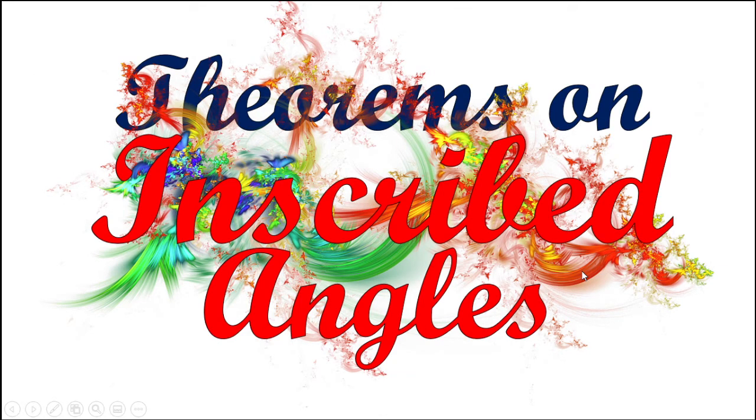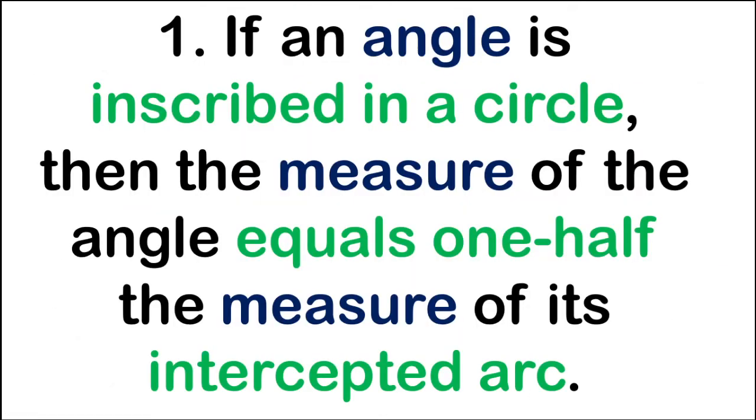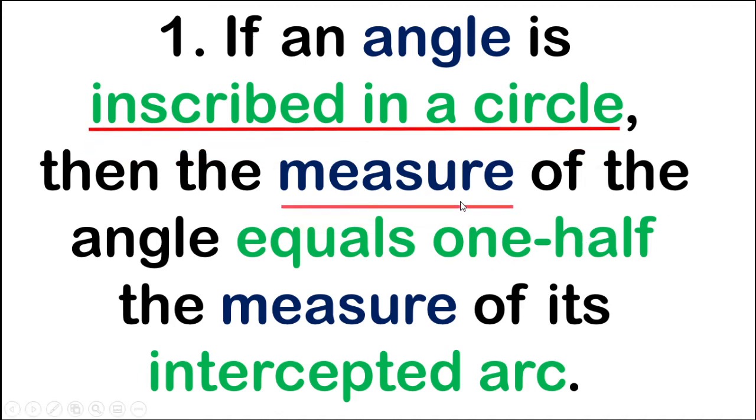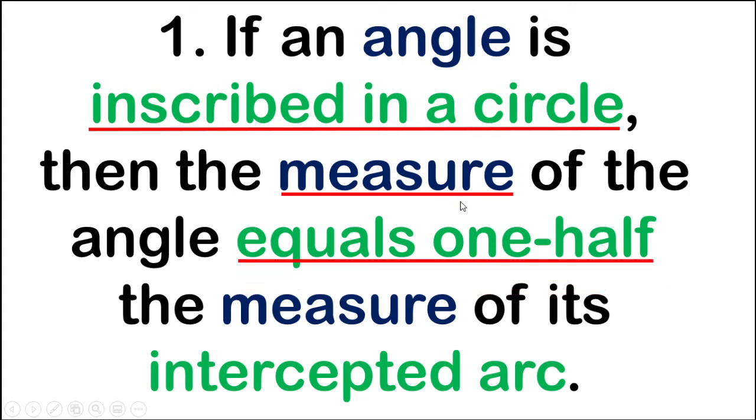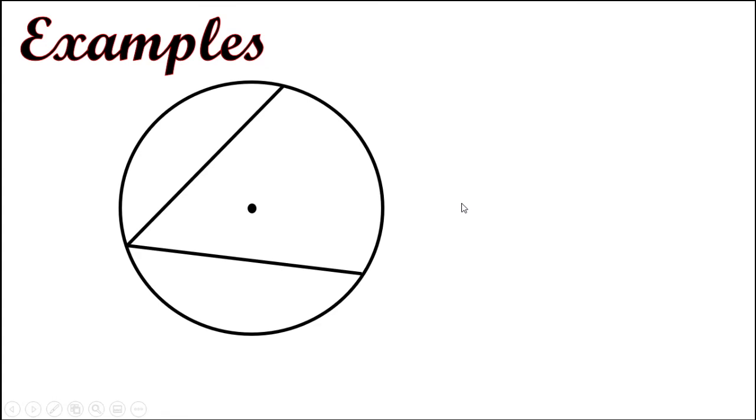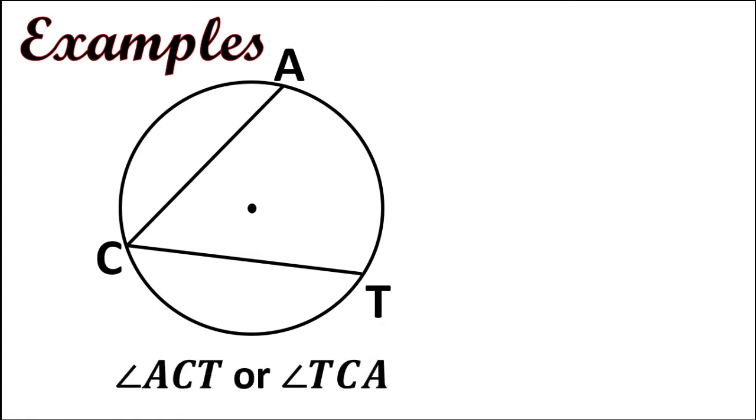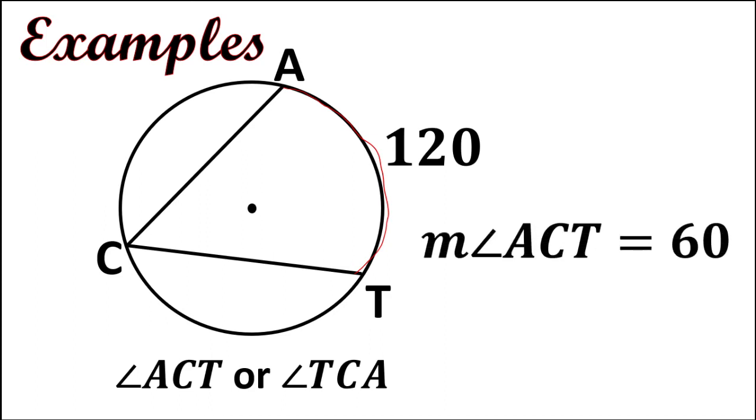Now, theorems on inscribed angles. First one: if an angle is inscribed in a circle, then the measure of the angle equals 1/2 of the measure of its intercepted arc. Let's have an example. Say we have angle ACT or angle TCA, and the degree measure of its arc is 120. Therefore, the measurement of angle ACT is 60.